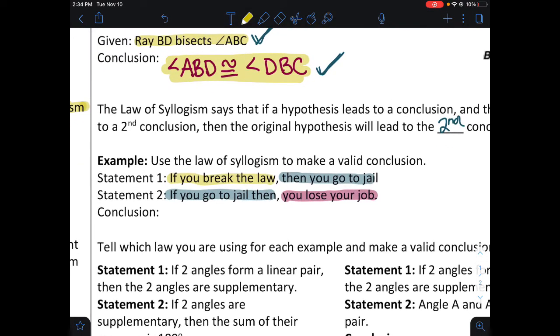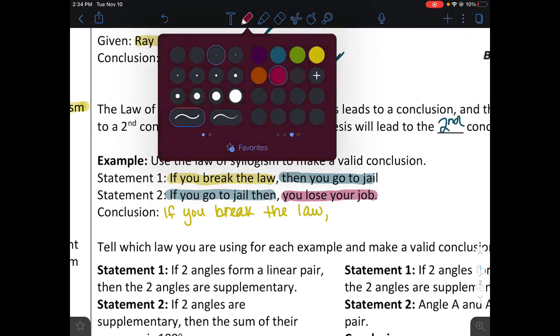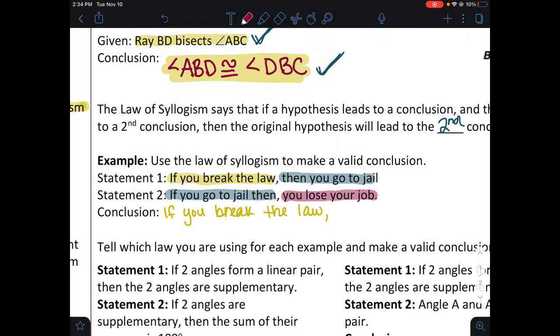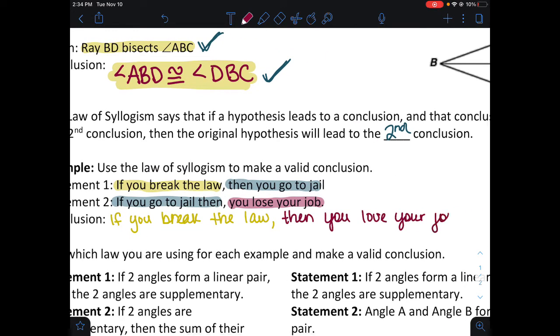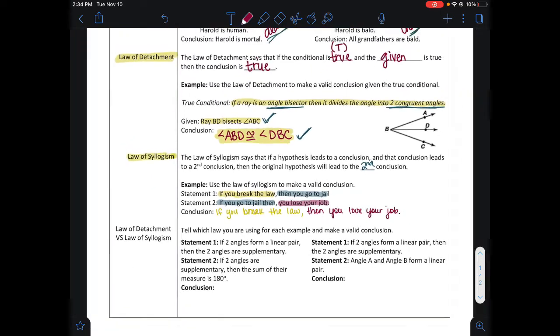Let me zoom in so I can write. If you break the law, and then it goes straight to the second conclusion, which says you lose your job. Then you lose your job. And that's it, that's how you do it.